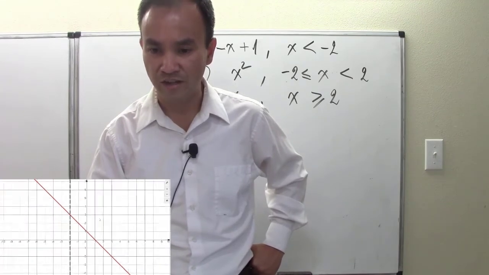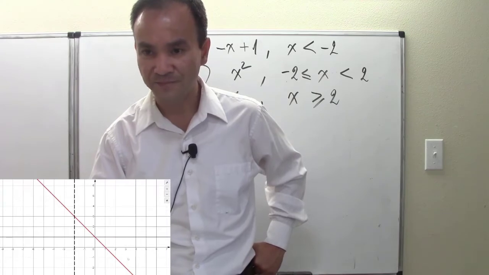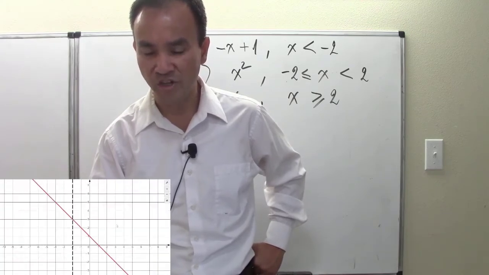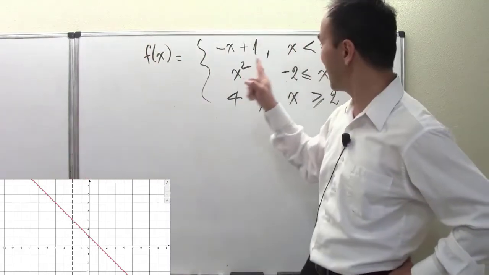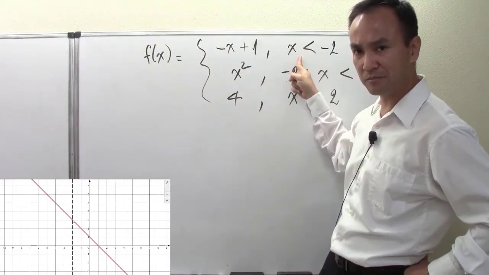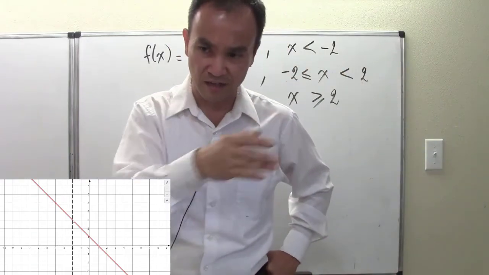But the question now is, are we taking the complete graph here, or are we only taking one portion of that? We are only taking one portion. We're taking just the part reflecting less than this negative 2 right here. The negative 2 is on the left-hand side in our picture.